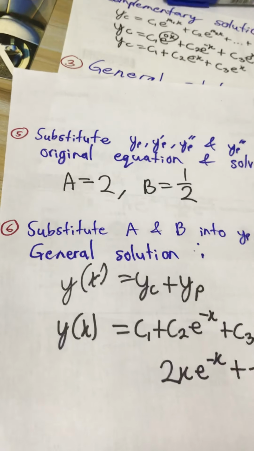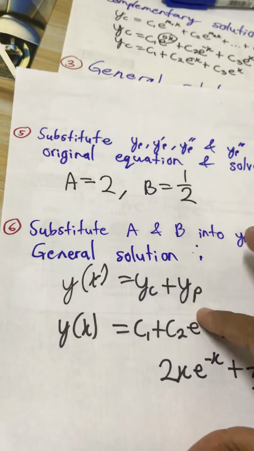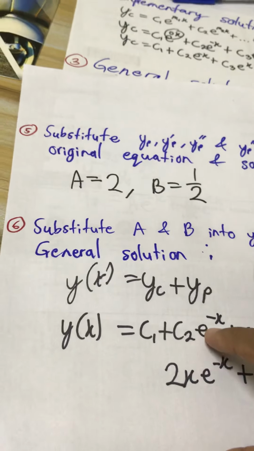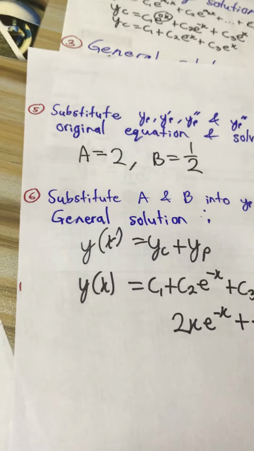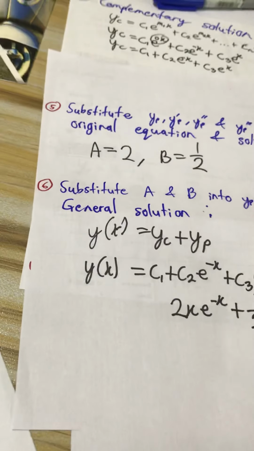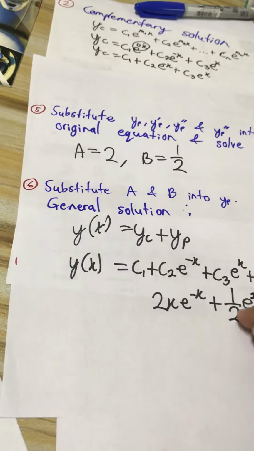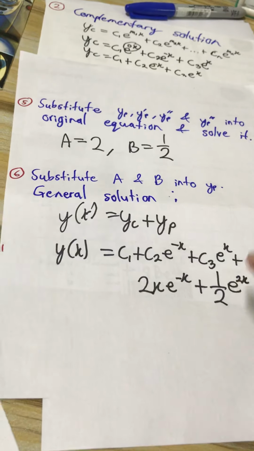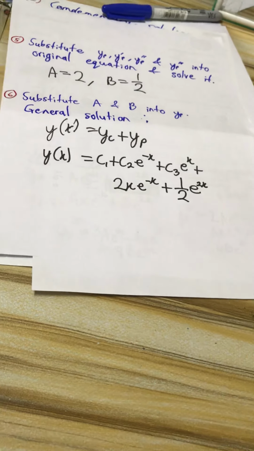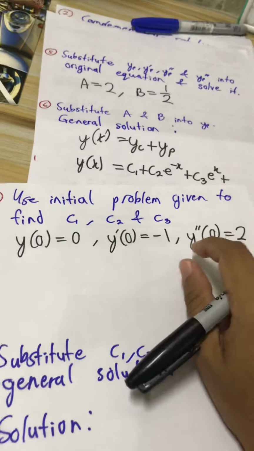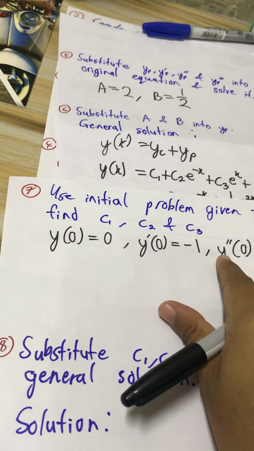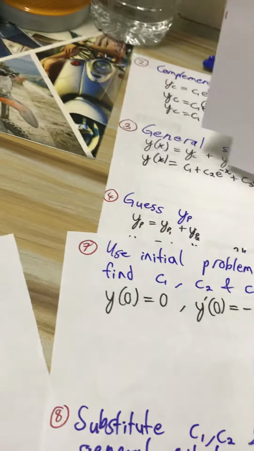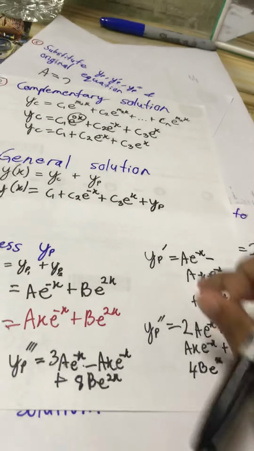Some questions will ask us to do until the general solution only, but there are also questions where we have been given the initial problem, and then we need to solve the equation to find c1, c2 and c3. So let's say if we have been given the initial problem like this, we just substitute the initial problem into the derivatives that we have done here, and then we will get the values of c1, c2 and c3.